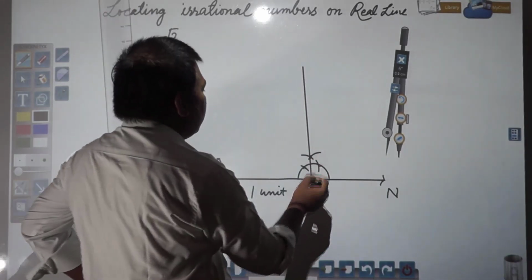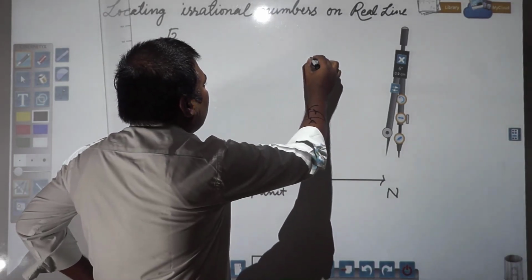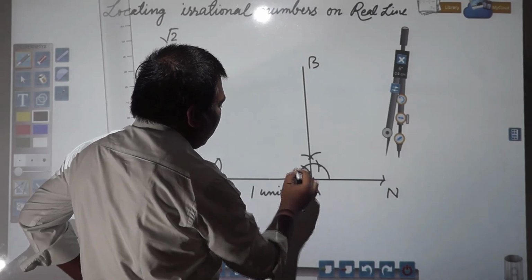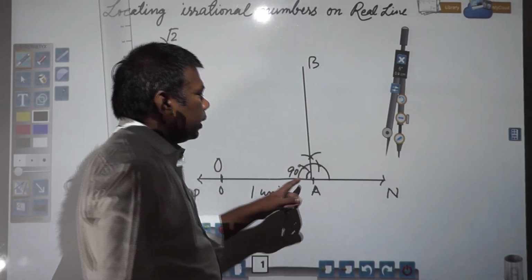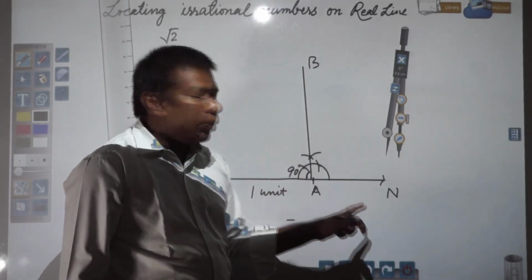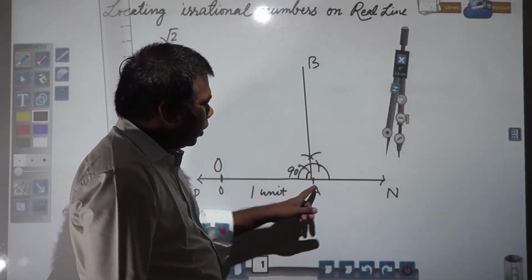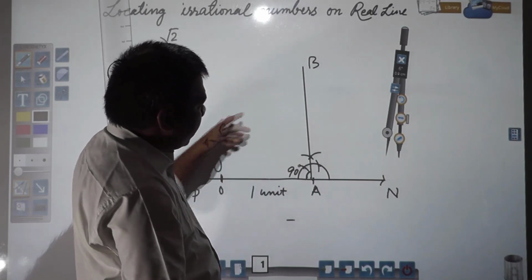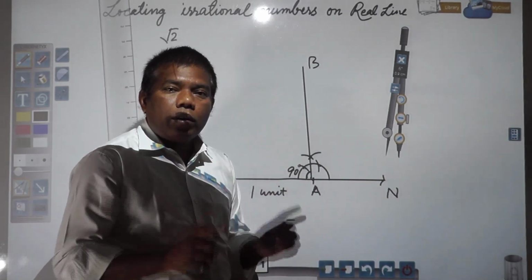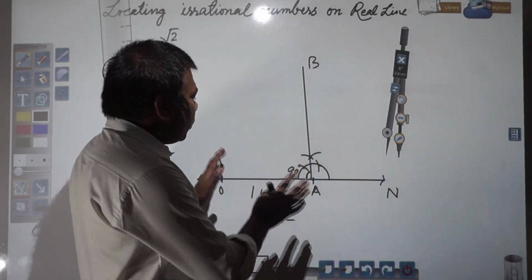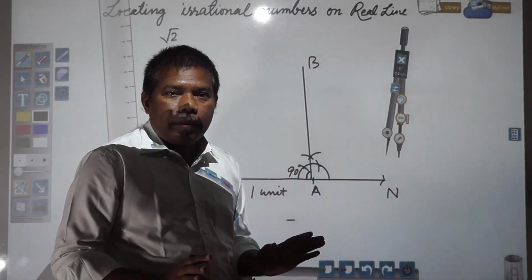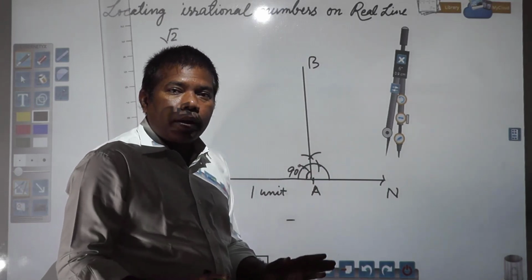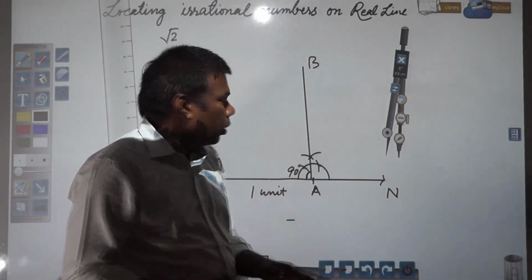Some name you give, suppose this name is B, and this angle you have got is of 90 degrees. In your copy, if you are drawing, draw perfectly. It may happen that in this figure it might not look perfect, but when you draw in your copy in the proper way, I am just giving you one idea of how it is to be done. So you take that idea and draw it perfectly in your copy.